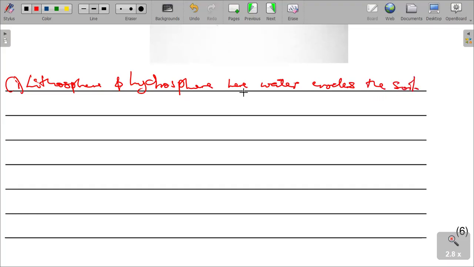Between the lithosphere and the hydrosphere, water erodes the soil.